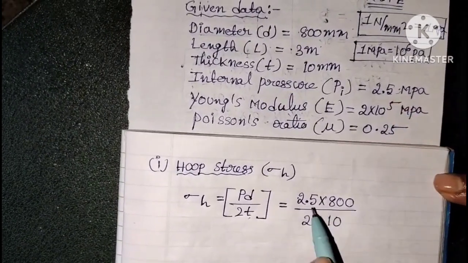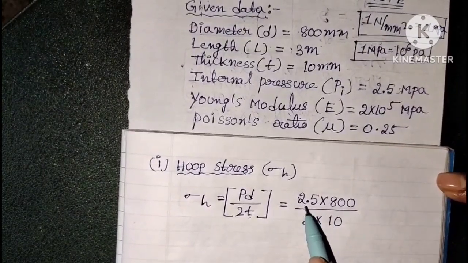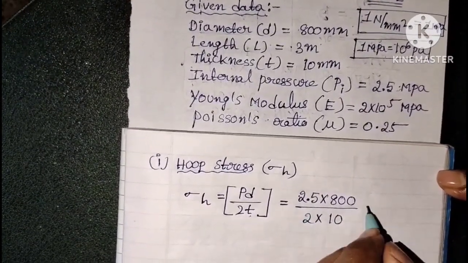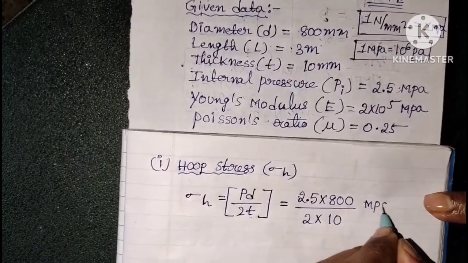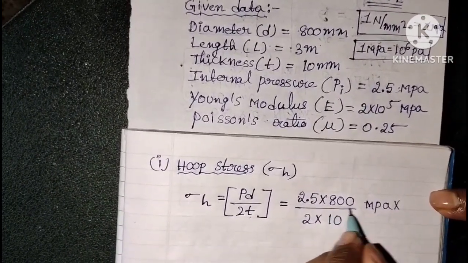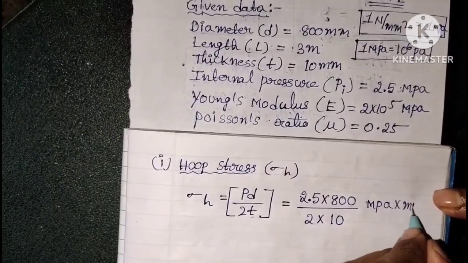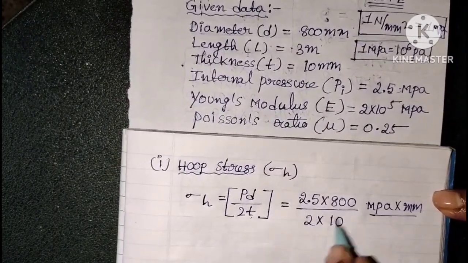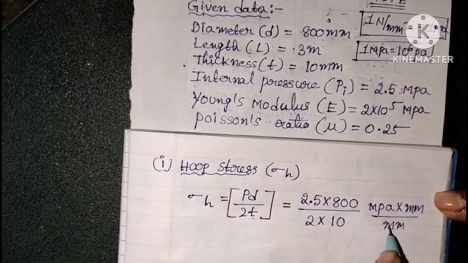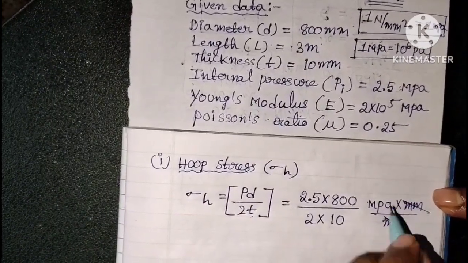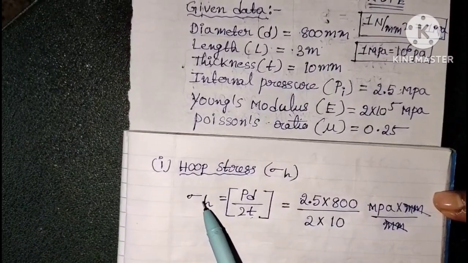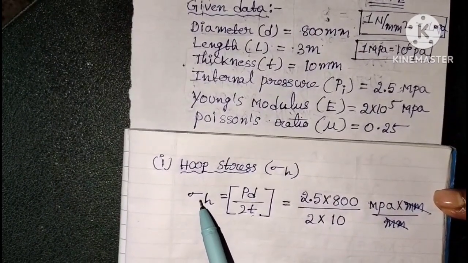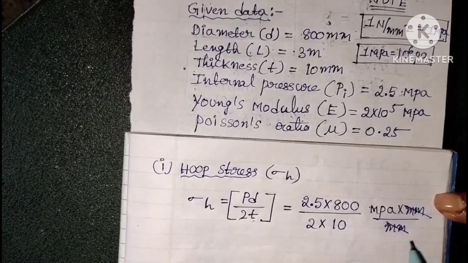Unit conversion is very important. 2.5 MPa means Newton per mm square, into diameter unit mm by thickness unit mm, so mm get cancelled. So the unit of stress is Newton per mm square or MPa.